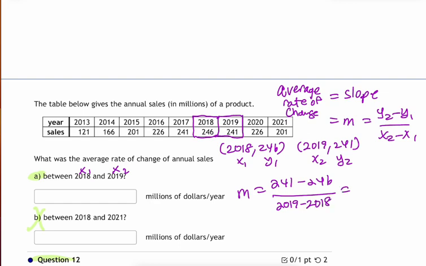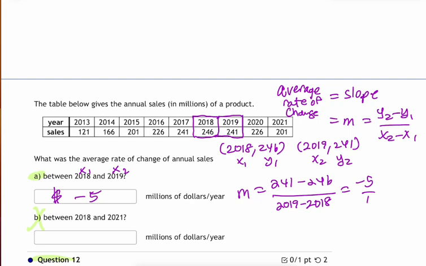Just plug it in. Now, the difference on the top is -5. The difference on the bottom is 1. So that means that we lose $5 million per year. Okay, so your slope is -5.